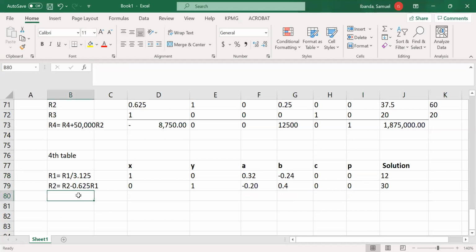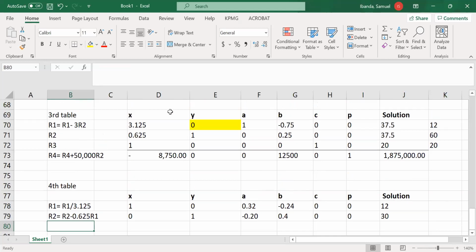So let's try this. Now I have been able to get this as 1, this as 0. This also has to become 0, and that one also has to become 0. So how does R3 become 0?